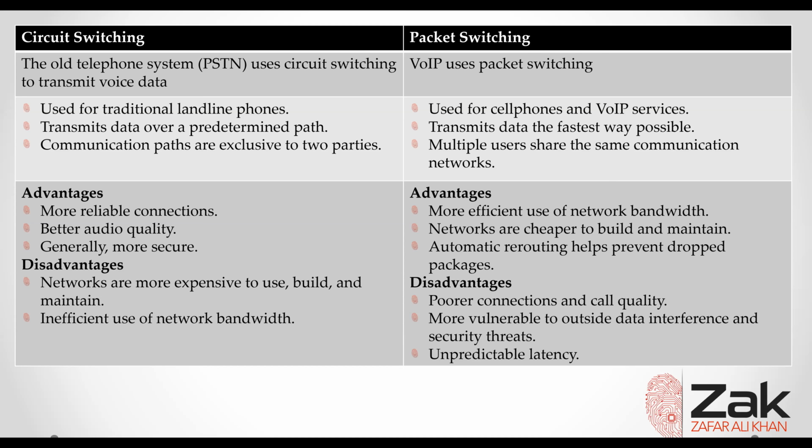Whereas disadvantages of packet switching are the protocol for packet switching can be more complex than those for circuit switching. If a packet is lost, the sender must resend the packet, which wastes time. It does not work well with real-time data streams.